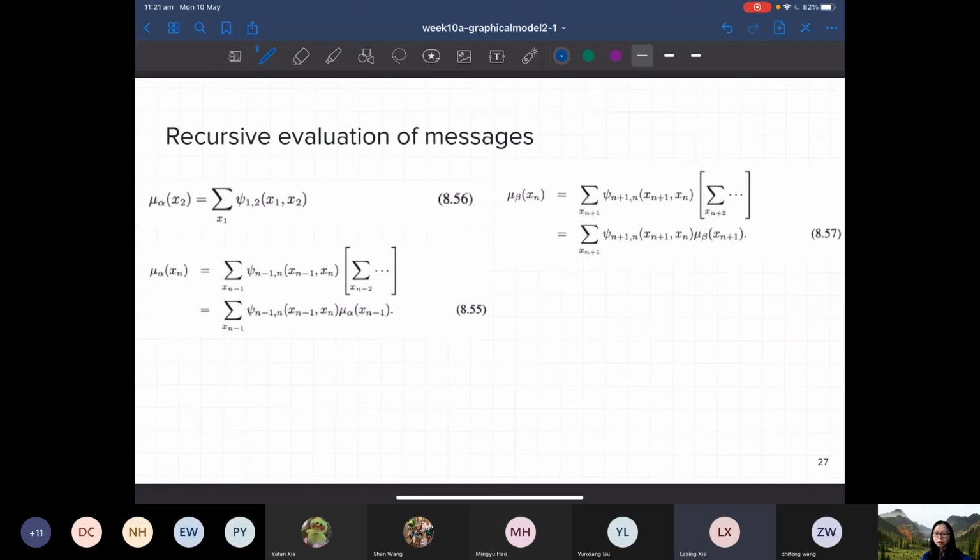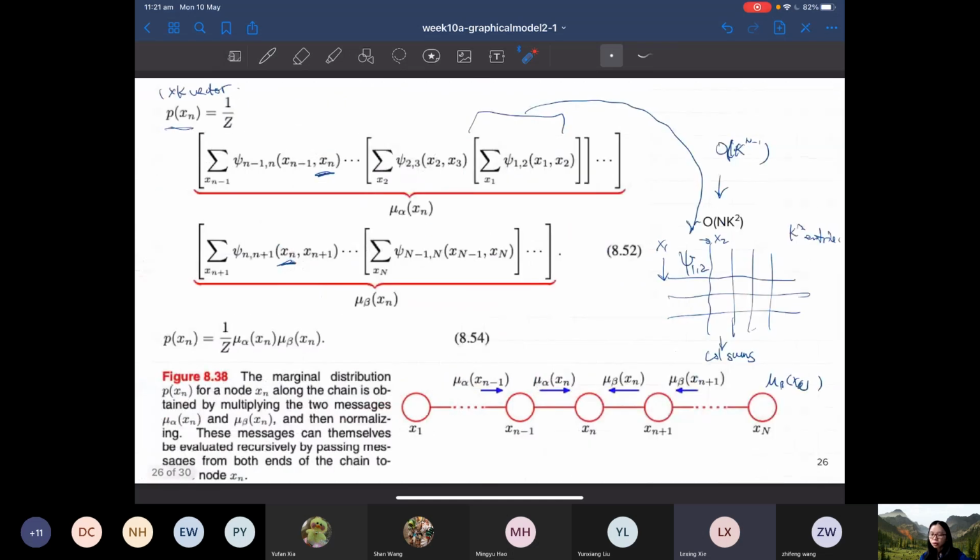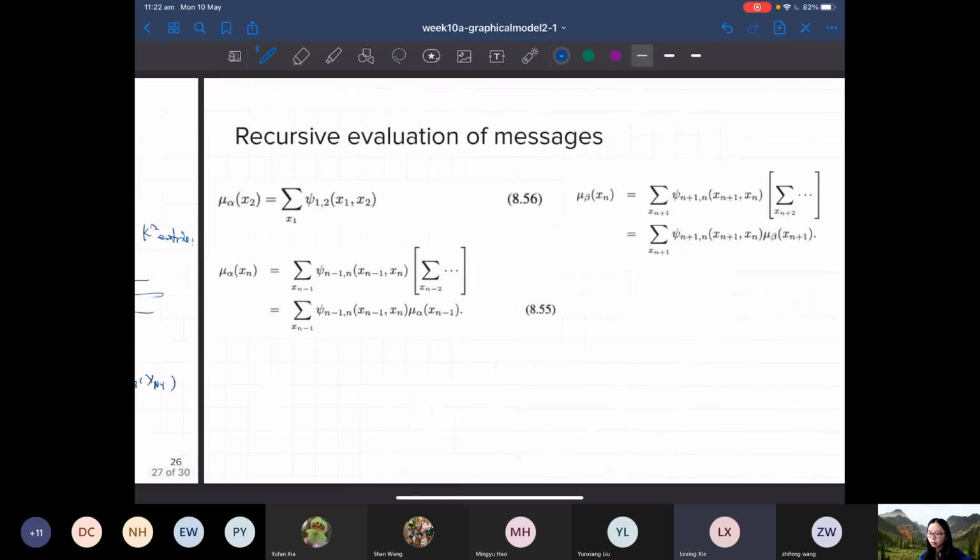So here is how we essentially write out the recursive evaluation of these messages. For the forward messages, what we do is mu of alpha x2. So x2 is the node that we keep. I correct myself: the notation here is that the last message is mu of beta xn minus 1, not xn.